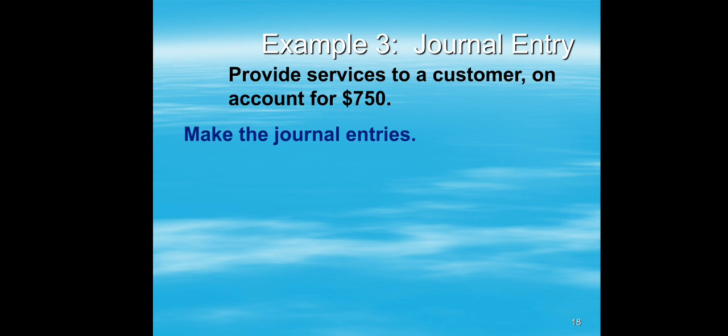But the customer will pay later. The amount is 750. So the question is, you have to show the general journal entry. What is the thing that you have to do first? You have to analyze the transaction first. Provide services to a customer on account, 750.